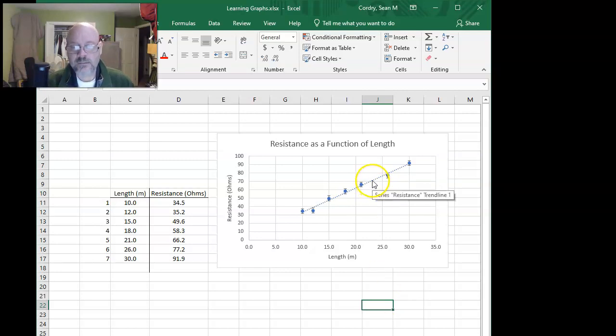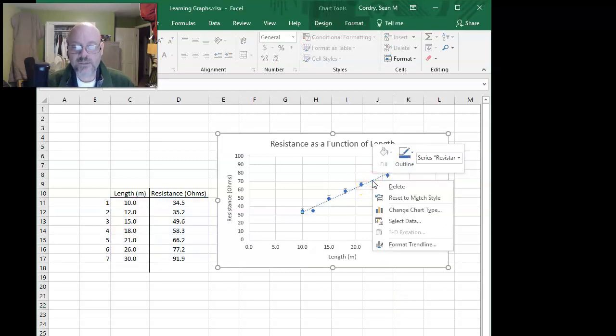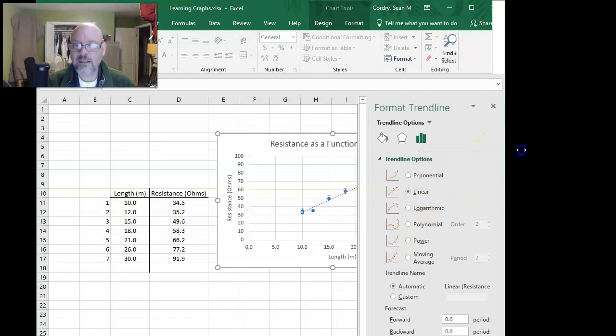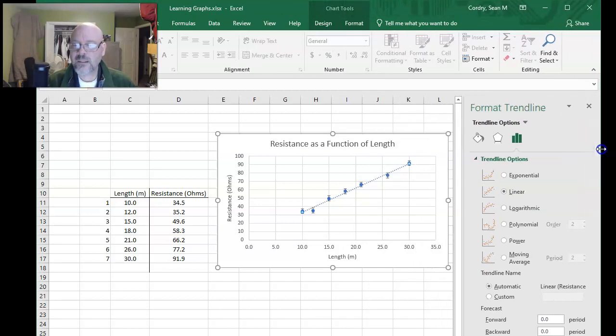Let's right click on the trend line and go to format. We're going to get this little format box. Let me make this a little bit bigger. Here are all our options. If we didn't have a model to know what to expect, we could play with different things.